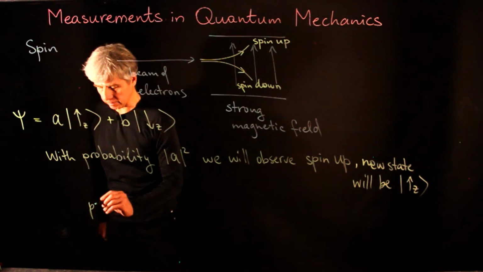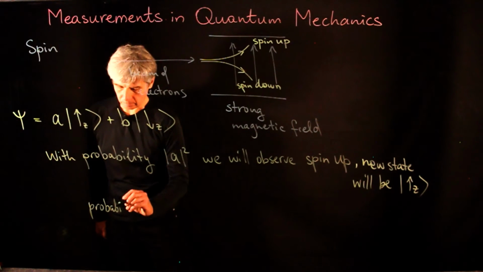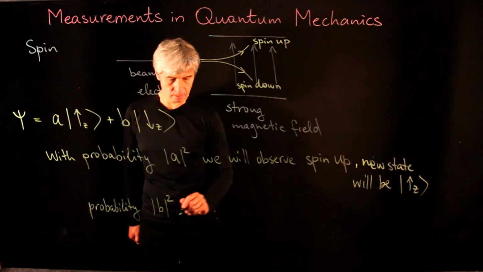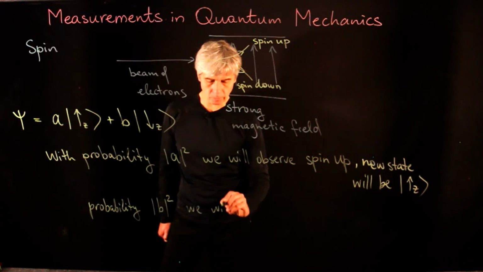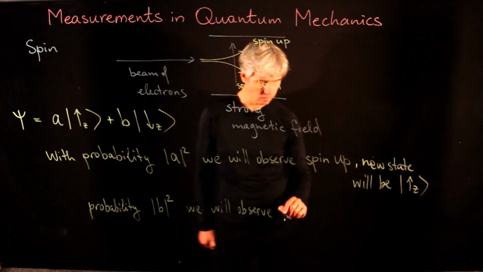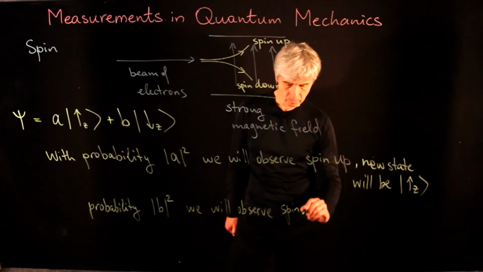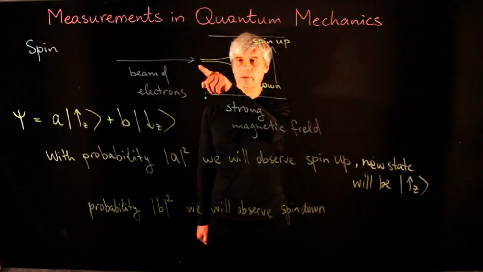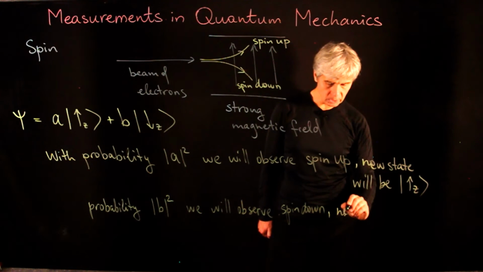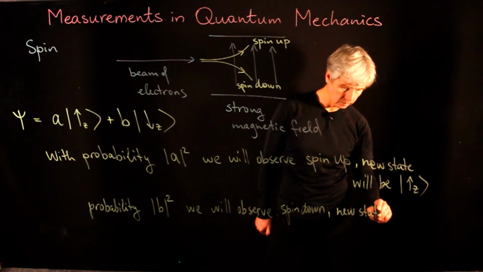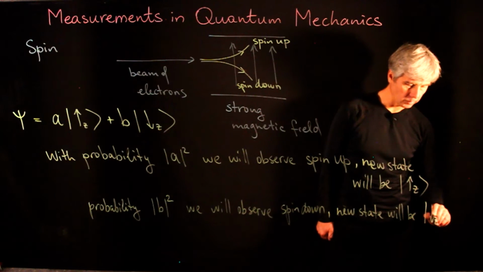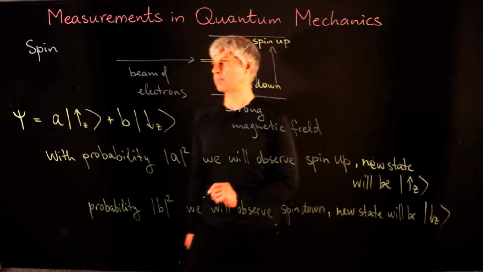And with probability norm of B squared, we will observe spin down, meaning that this electron will fly on the second trajectory, and so the new state will be the basic state spin down in z direction.